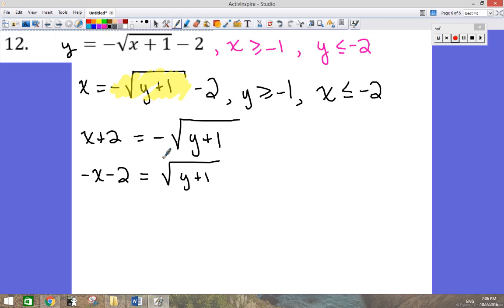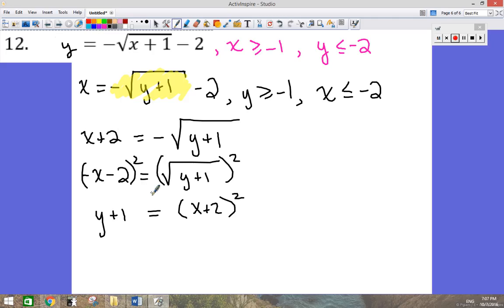To get rid of the radical, I'm going to square each side. I'm going to write this on the left hand side, y plus 1. Well, with both of these being negative, and when I square a negative it's positive, I'm going to change this negative x minus 2 to x plus 2 quantity squared, because I don't want to work with those negative signs and make a silly error again, especially since it's getting late on Friday.